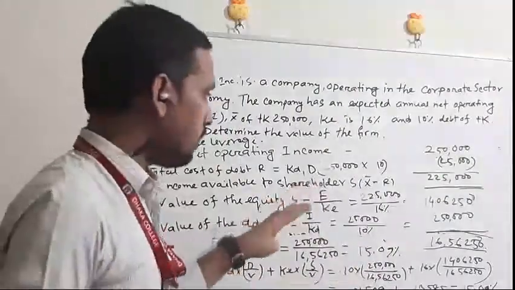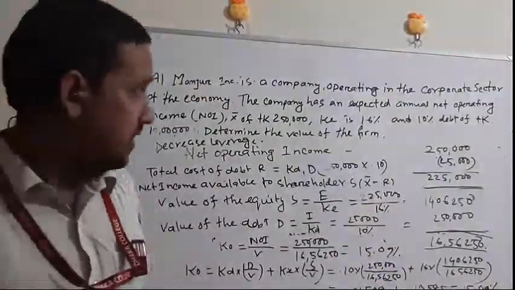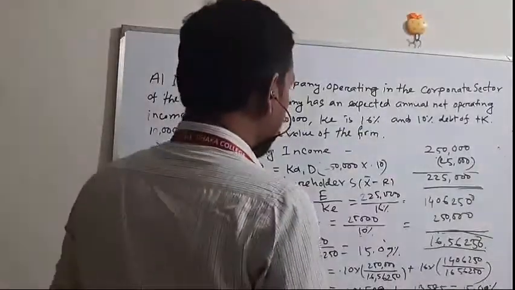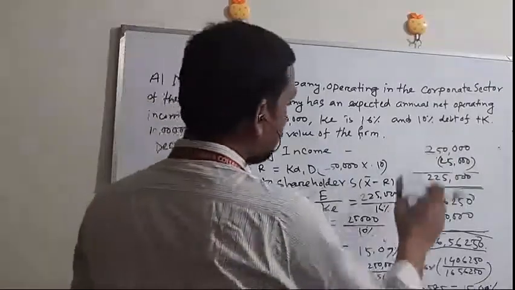So what is the change in this firm? Net operating income is 2,50,000 taka.